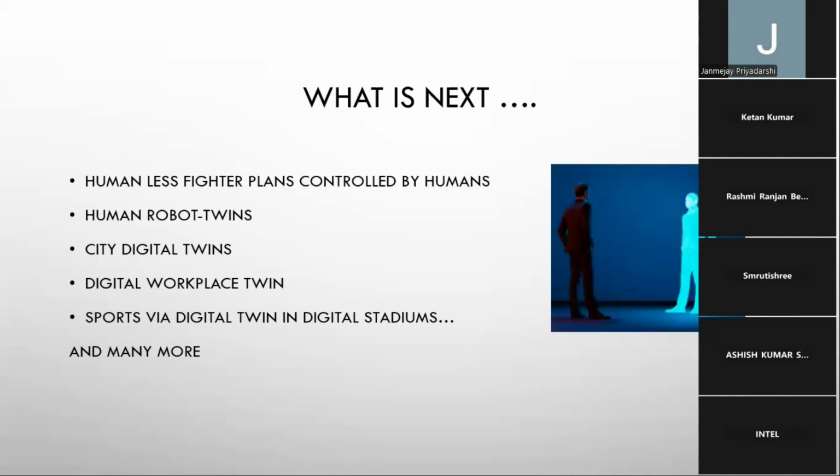In that workplace, people's twins will go and work, because at the end of the day, you have to produce the services. When they control it there, automatically in the physical world something will be controlled and activated. That can be possible. But it is very much dangerous, because most of the jobs will be gone because their twins will work there. Sports via digital twins or digital stadiums.